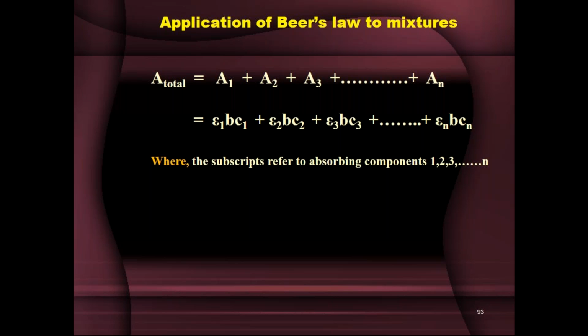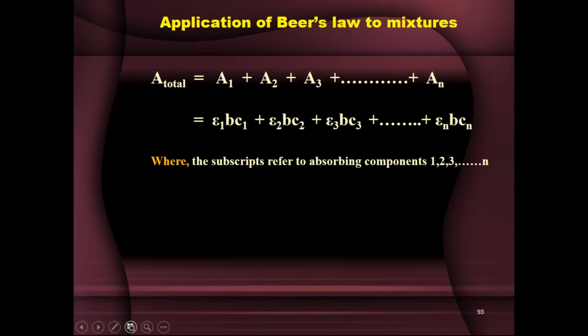This is Beer-Lambert's law. Now we'll go further from there, that is, application of Beer's law to mixtures. When we say A equals epsilon bc, we are indicating that our sample solution has only one absorbing substance whose concentration is c, and the absorbance of the solution would be directly proportional to the concentration of the absorbing substance.